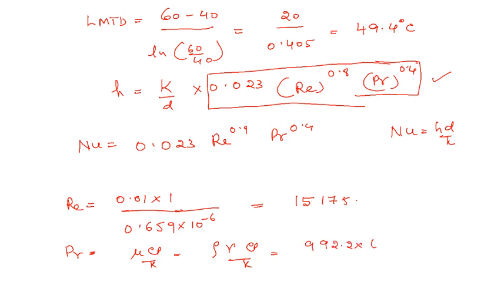So that turns to be 992.2 into 0.659 into 10 to the power minus 6 into 4174 divided by 0.634, and the Prandtl number comes to be 4.3.